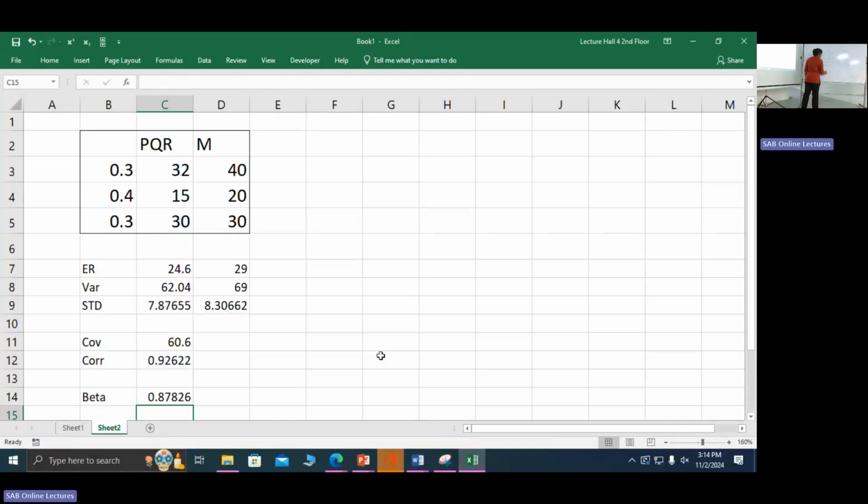So get the total here. It is the covariance, 60.6.